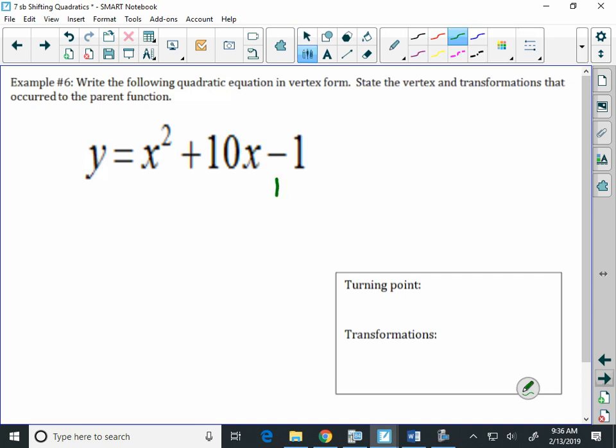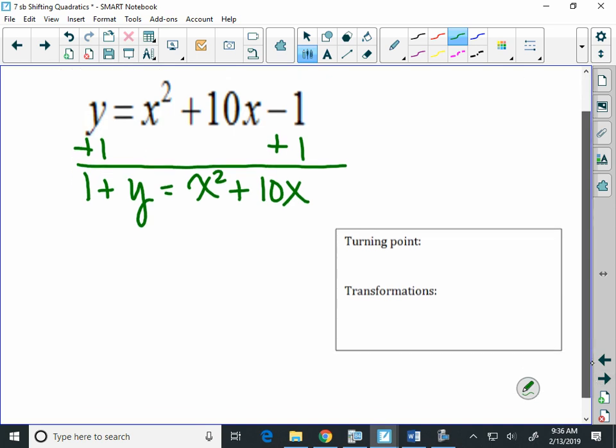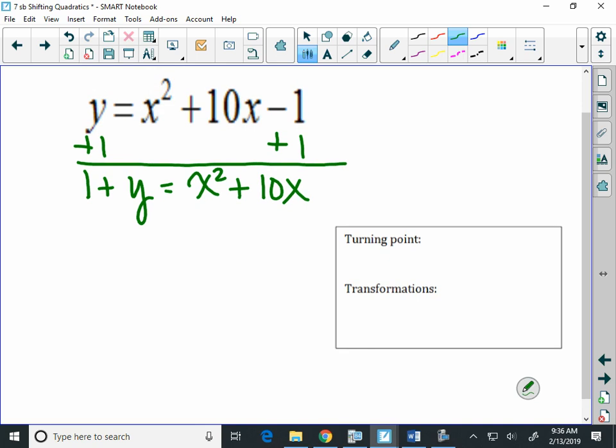We're going to start by moving the 1 to the other side. Again, I like to write 1 plus y, you might write y plus 1. It doesn't make any difference. There is no number in front of the x squared term, so we don't have to factor it out. We can go straight into completing the square.